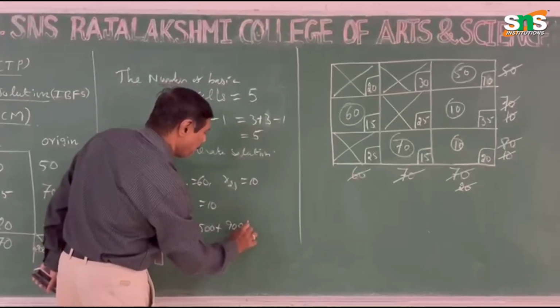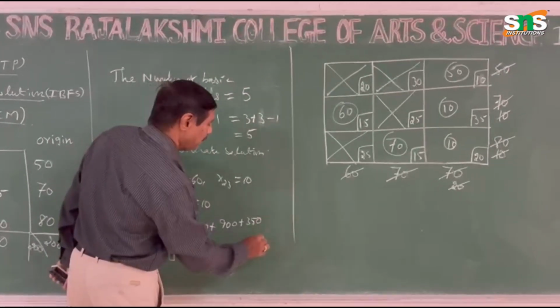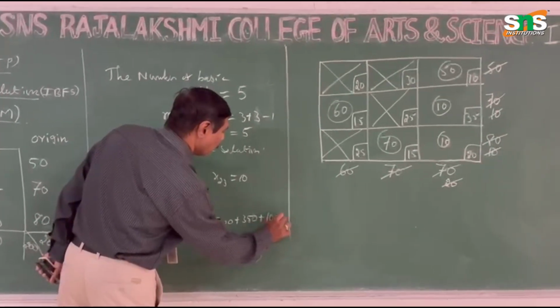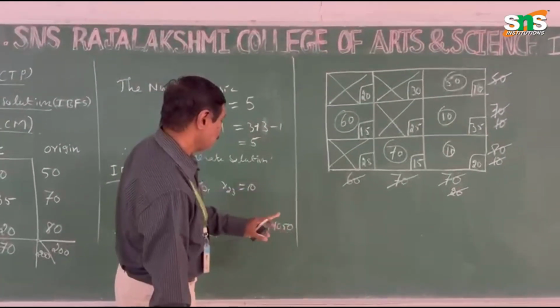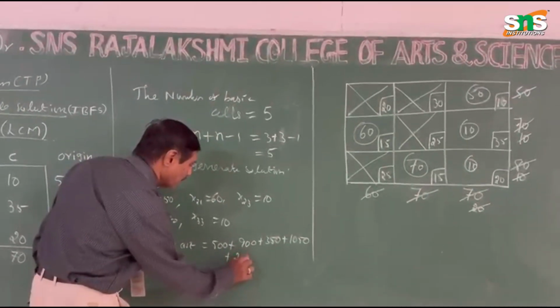And 10 into 35 is 350. Then 70 into 15 is 1050. Plus 10 into 20 is 200.